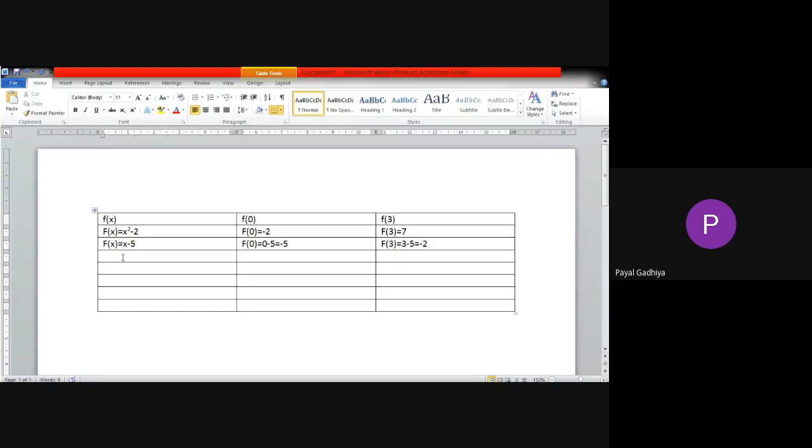Now next is Aarti. Aarti, give an example of a function. After that, Bhargav will give an example, so be ready. Yes, Aarti.